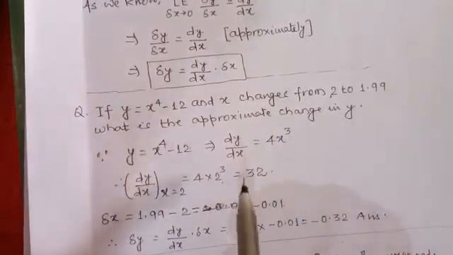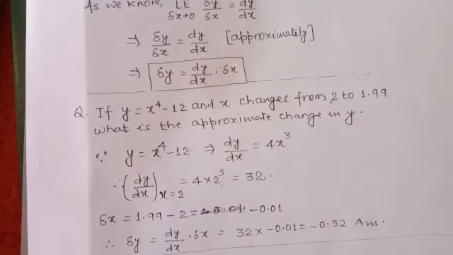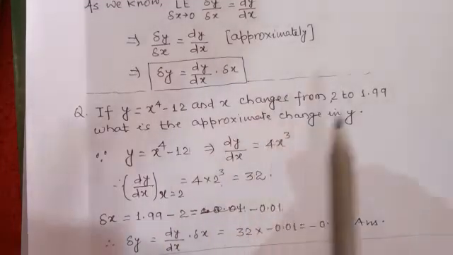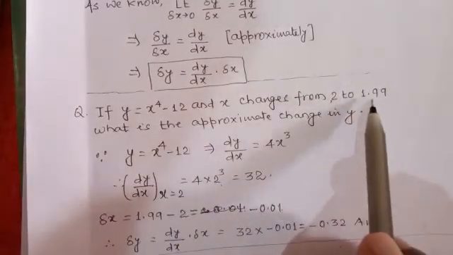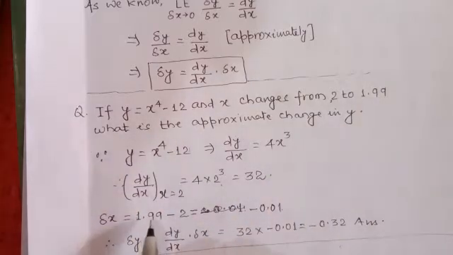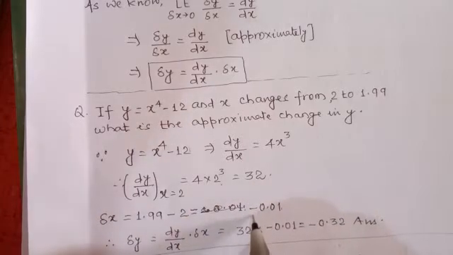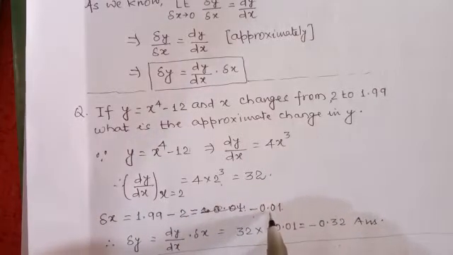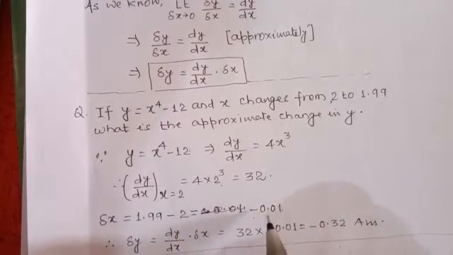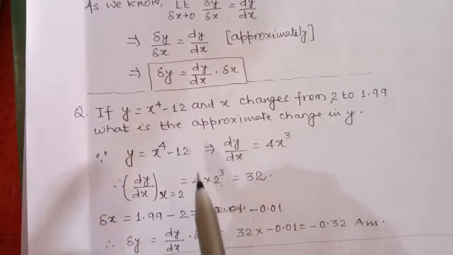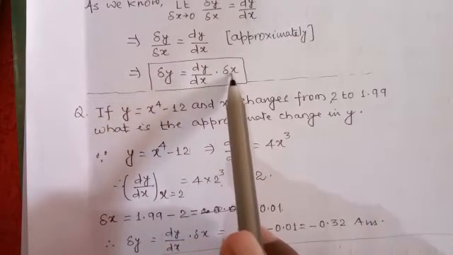Now see your delta x. x changes from 2 to 1.99. So the value of delta x is 1.99 minus 2, which should be minus 0.01. Subtract it, that is minus 0.01. So now you may apply this formula also.